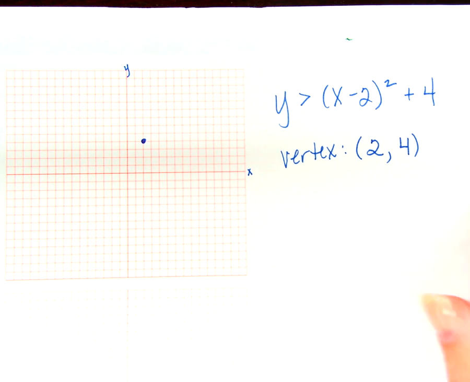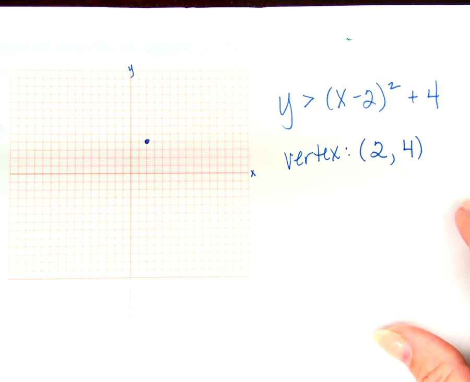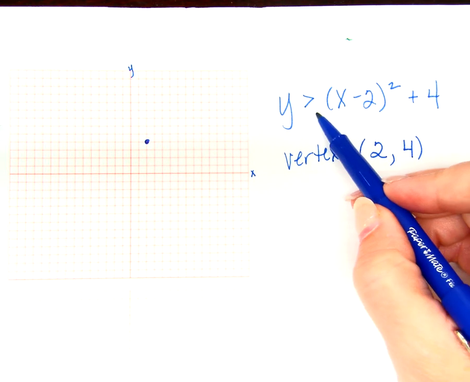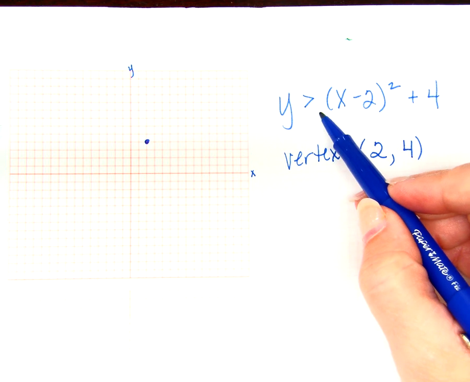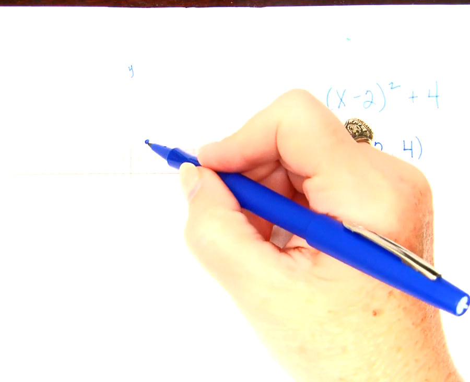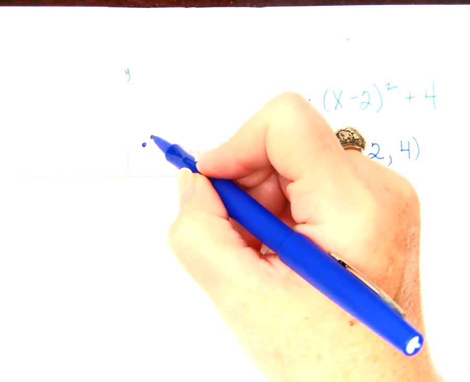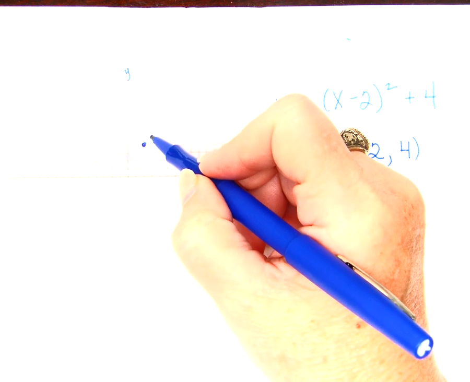Okay, so I need you to remember back to when we actually graphed parabolas a couple weeks ago. What's the a value in this problem? It's not there, so it's a 1, right? So there's not a multiplier for this parabola. That means it's parent function shaped. From the vertex, I can go right 1, up 1, because 1 squared is 1.